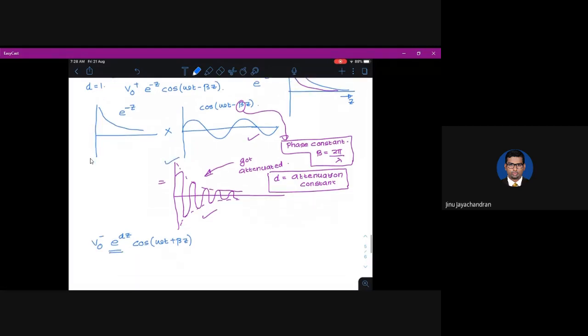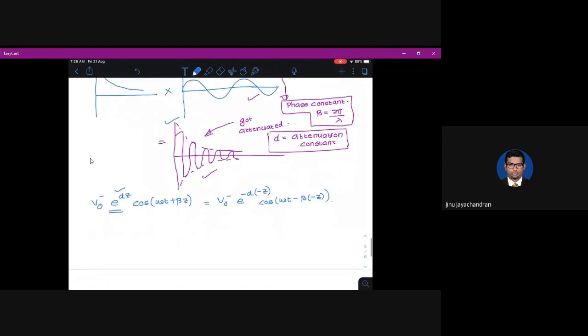When there is a plus alpha z, does the wave increase in size? No, because this is actually V0 minus e raised to minus alpha of minus z cos of omega t minus beta of minus z. Now, this wave is traveling in the backward direction.